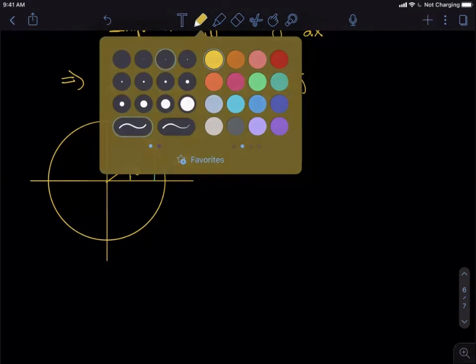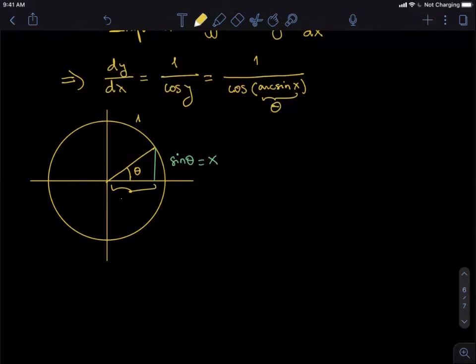So what is the cosine of theta? Here we can apply the Pythagorean theorem. 1 equals the sine squared plus the cosine squared, right? And the sine is x, so x squared plus the cosine I want to find, so I keep it cosine squared.